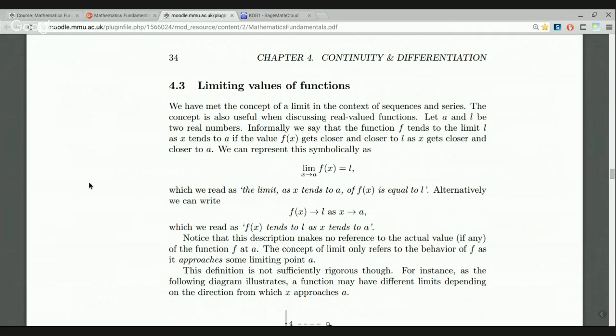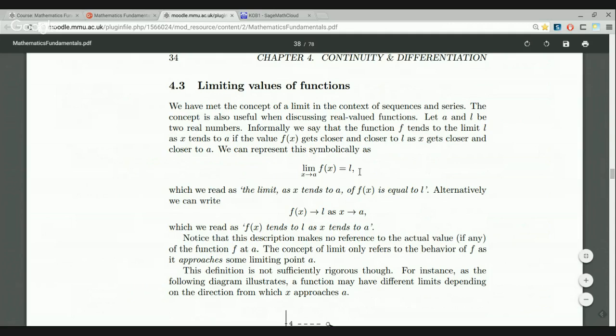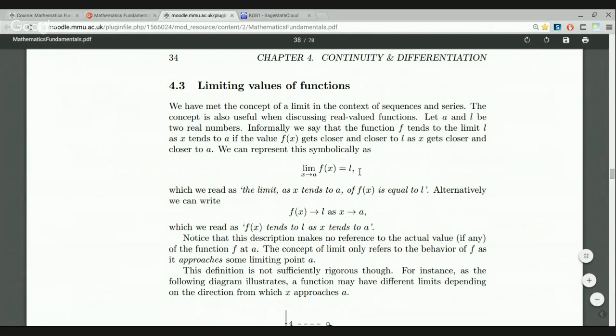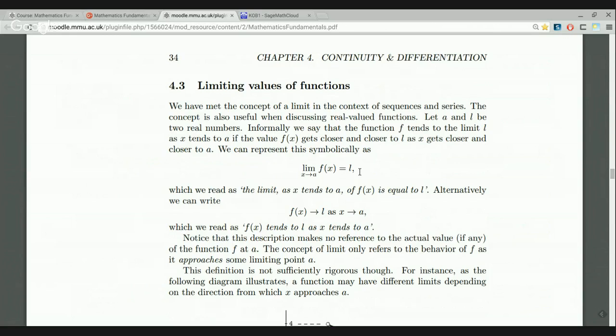So we're going to be talking about things like this expression here, the limiting value of the quantity f of x as x tends to a.